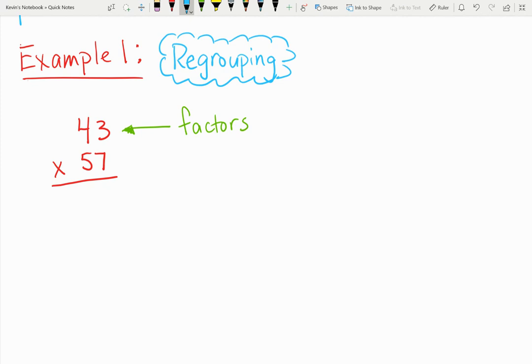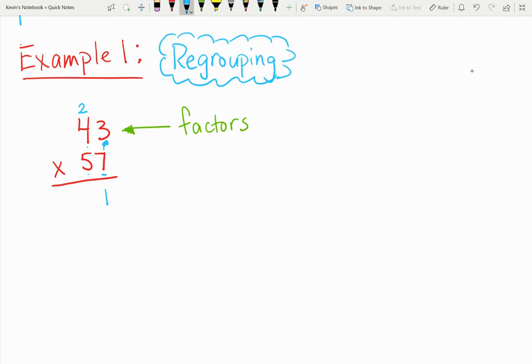So let's start with our first partial product. Again, we have 43 times 57. We're going to look at the ones place, and we're going to multiply by our ones place in the top. So 7 times 3 is 21. And we carry the 2 over above the tens place.